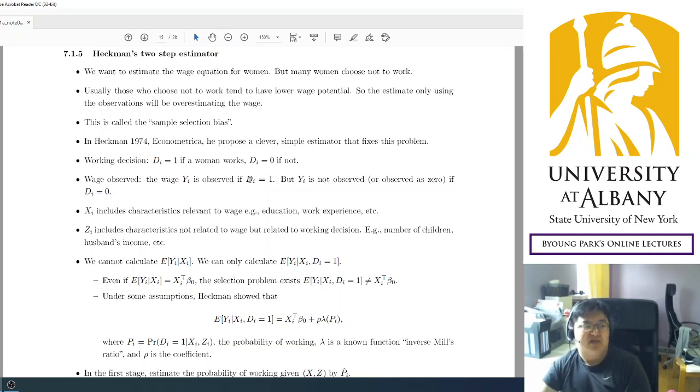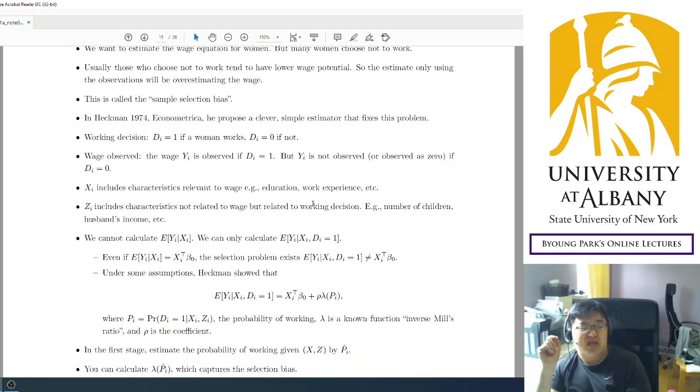The idea is, in the first stage, he estimates the probability of a woman working. A woman may work or may choose not to work. He estimates that probability, and he uses that probability in estimating the wage equation.